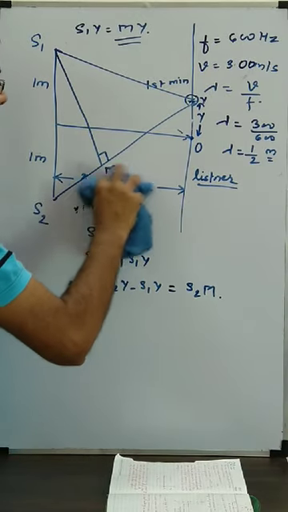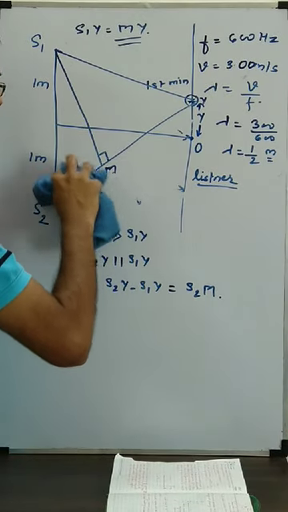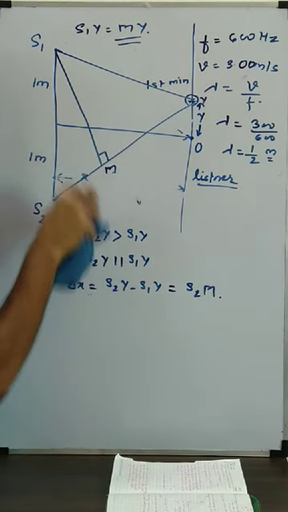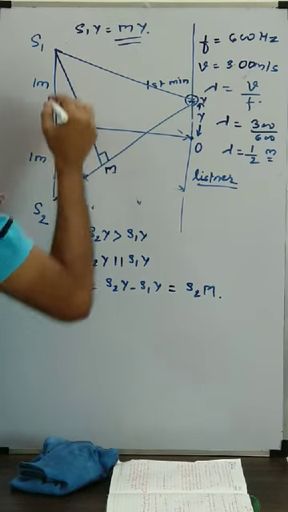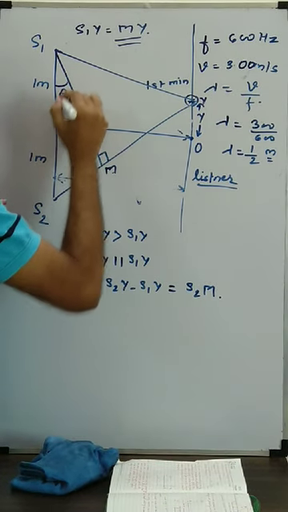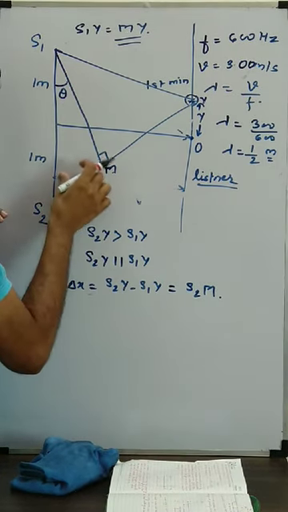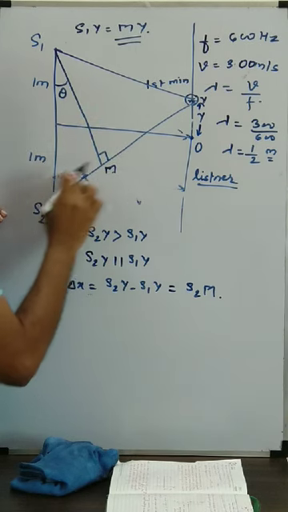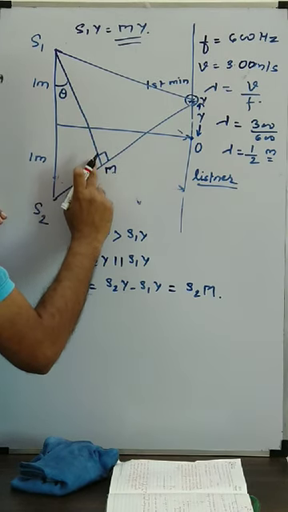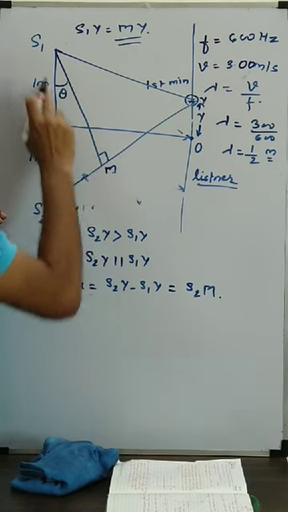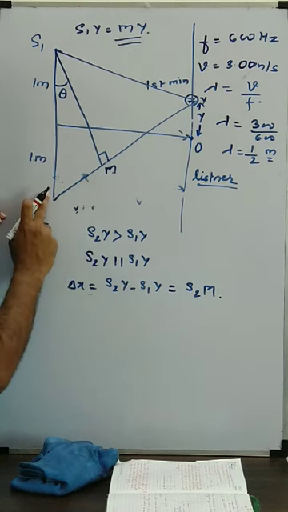Now we have to find what this S2M is. So what we are going to do, assuming that this angle is theta. This is a right angle triangle, you can see. This is 90 degrees, so this is the hypotenuse.